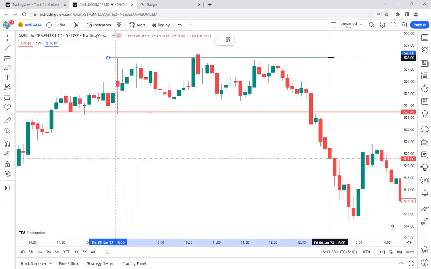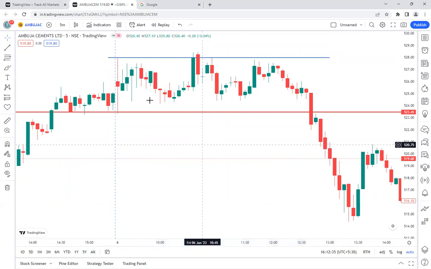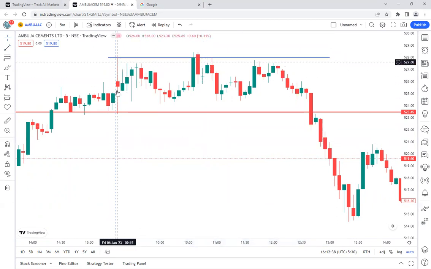This is the first 5-minute candle range, and it went up to this point and took support immediately at that level. During the day there was some buying, but there is no clear clue for the buyers, because none of the candles is closing above the previous candle highs. So no clue for the buyers.